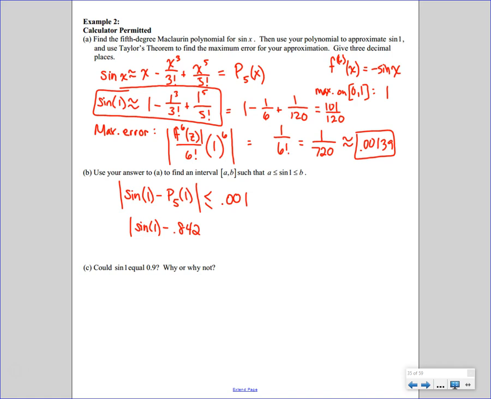Couldn't we be super snazzy and plug in the decimals precisely? Yes, but I'm going to do 101 over 120, just because I don't want you rounding before you go subtracting in any problem on the AP, right?